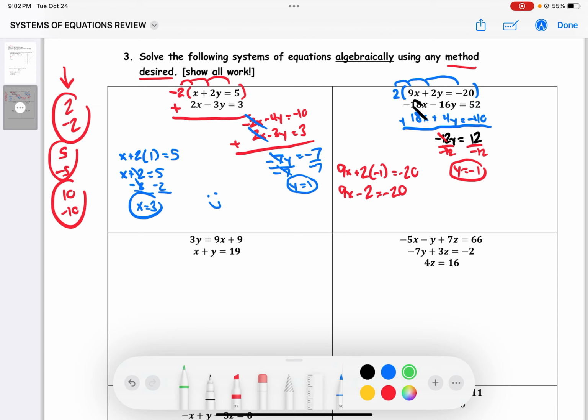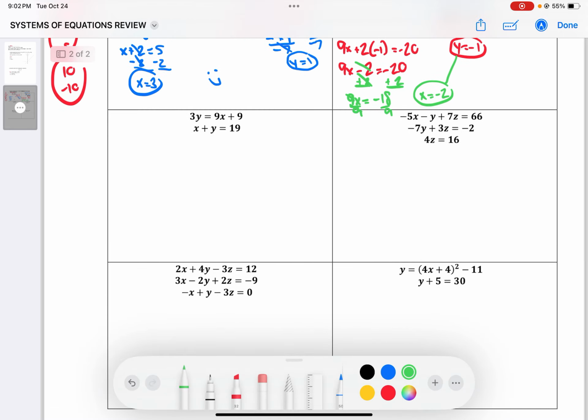I thought that it would turn into some gross numbers, but it does not. So we add 2 to both sides. 9x equals negative 18. And then we divide both sides by 9. And x is negative 2. Perfect. Even math teachers are capable of having brain farts.